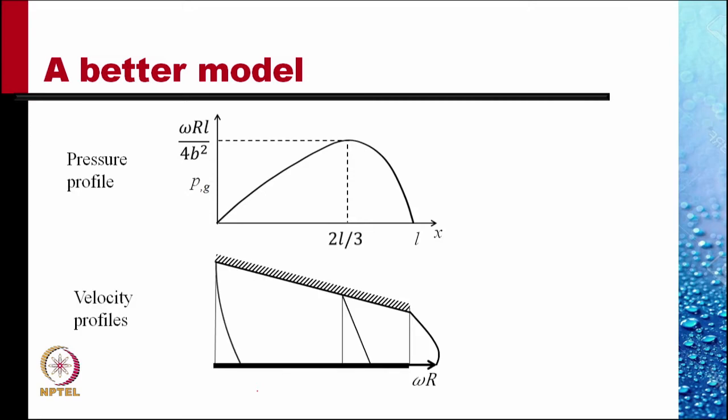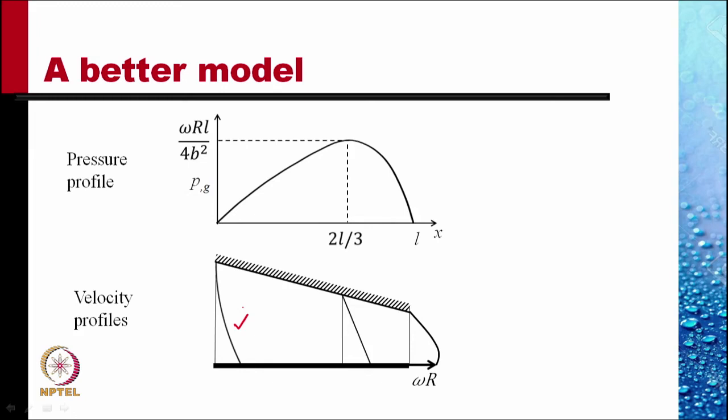The velocity profiles through the channels look like this. At the first end, where we have a positive pressure gradient, we have a velocity profile that looks like this. Compare it with the velocity profile that we have drawn earlier for positive pressure gradient.